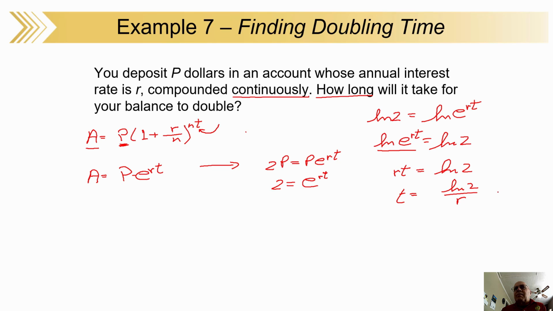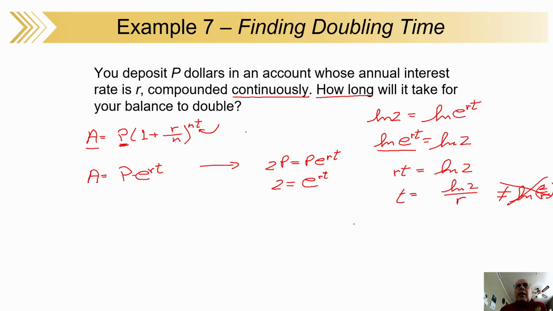Notice, by the way, this is not the same as the natural logarithm of 2 over r. It's not. So when you put it in the calculator, for example, if you've got the annual rate, make sure it's in the denominator all by itself.